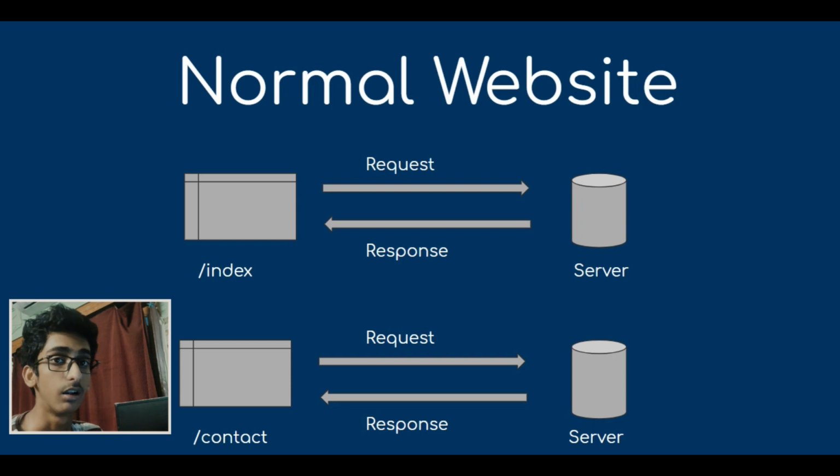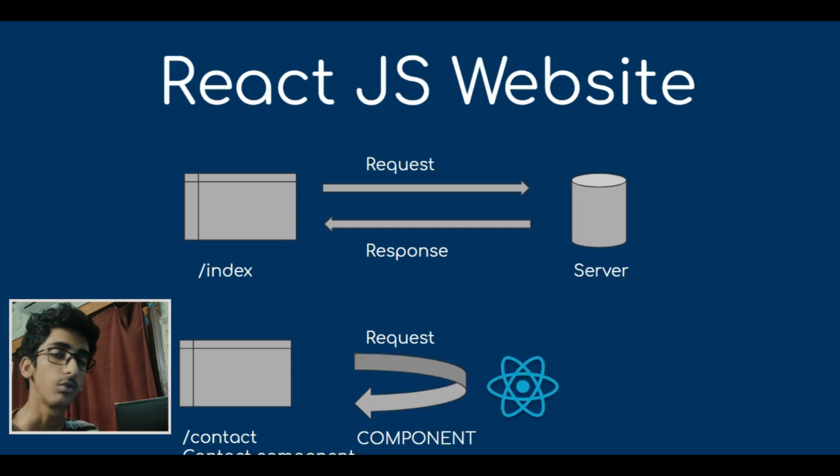So what does a React website do? Let me show you. Inside a React website, when you search for the index page, the first time it sends a request to the server, and the server sends back a response. But suppose first we went to the index page, then we want to go to the contact page. For the index page we send a request and get back a response, but for the contact page, no, we are not sending a request to the server.